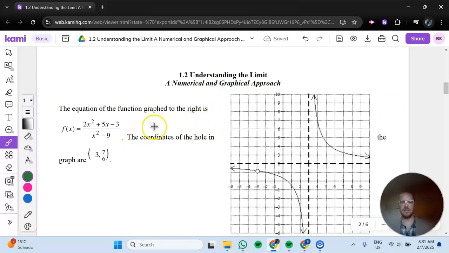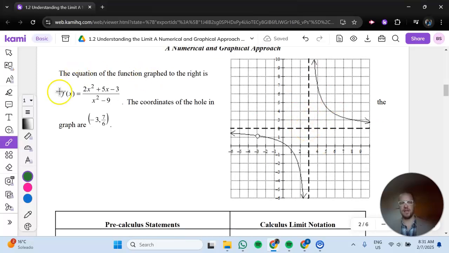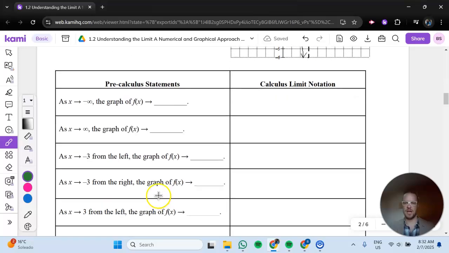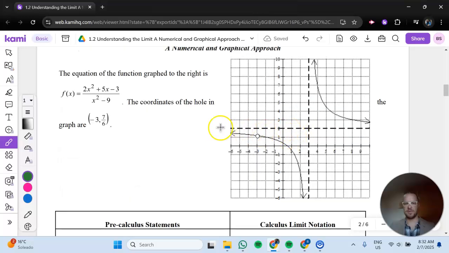All right, so the equation of the function graph to the right here is this function f of x. The coordinates of this hole here are -3, 7/6. Okay, and what we're going to do is compare some pre-calculus statements with some calculus limit notation. So in pre-calc, we said as x approached negative infinity, the graph of f of x approached 2, right? Our horizontal asymptote here.